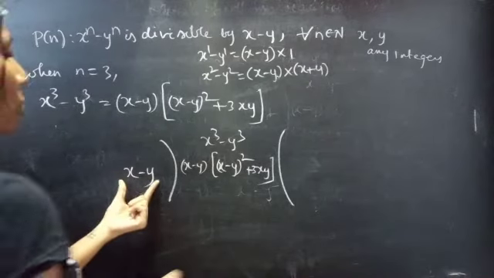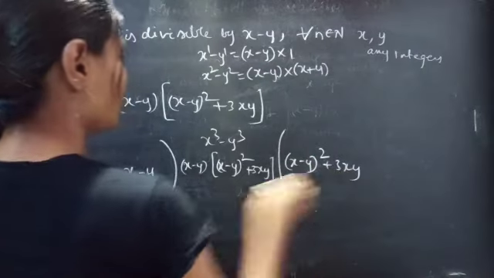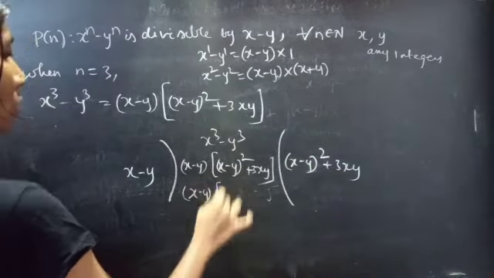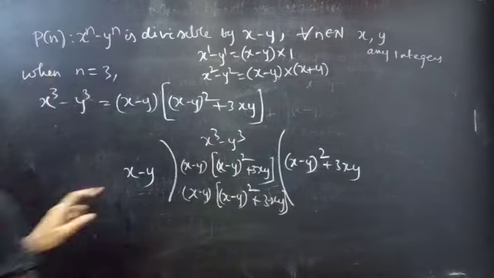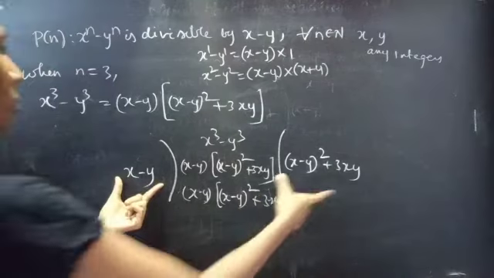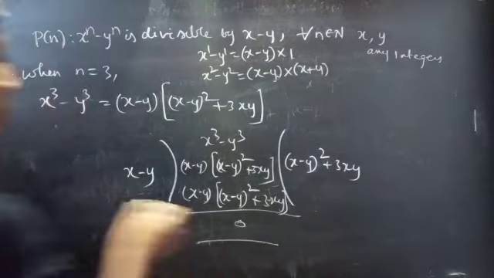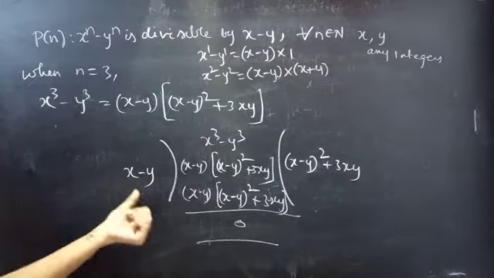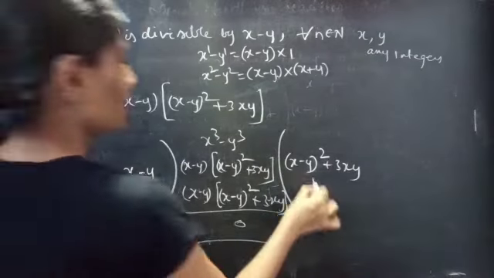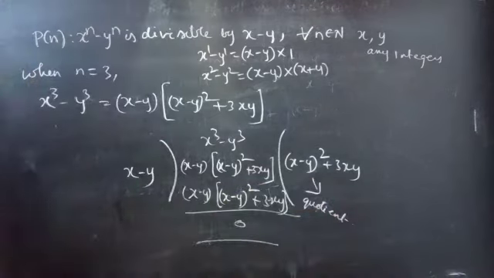Multiplying these two, we'll get x cube minus y cube, right? With remainder 0. So x cube minus y cube is divisible by x minus y, leaving quotient (x minus y) whole square plus 3xy, right?